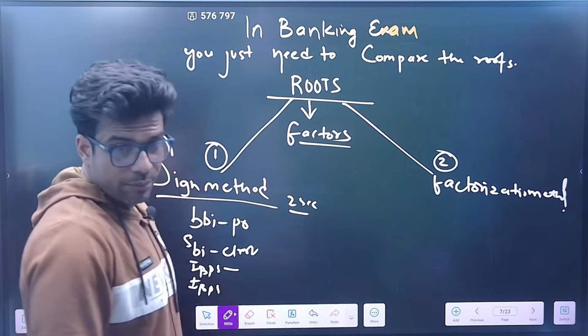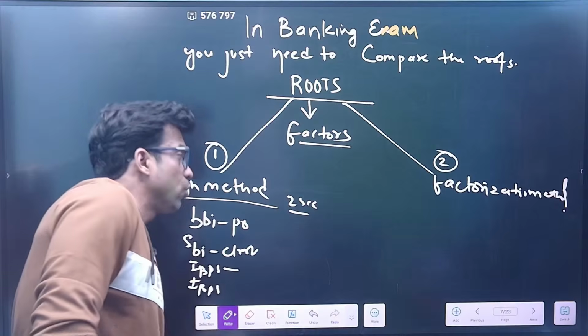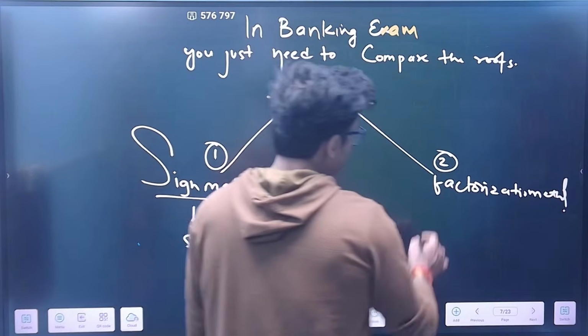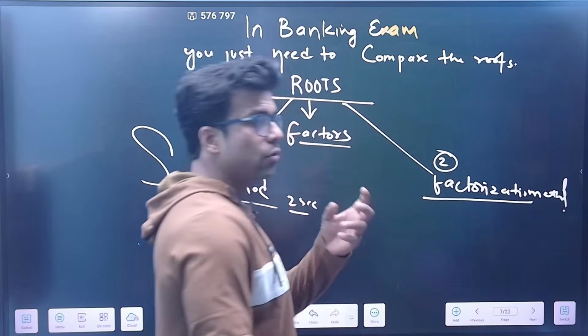Then the old method is basically the factorization method which we did earlier. And the factorization method has two parts.